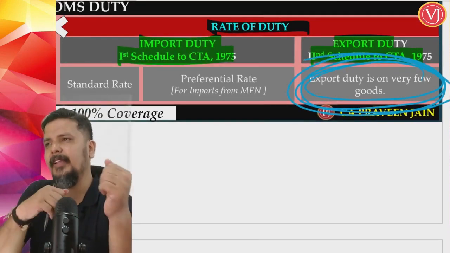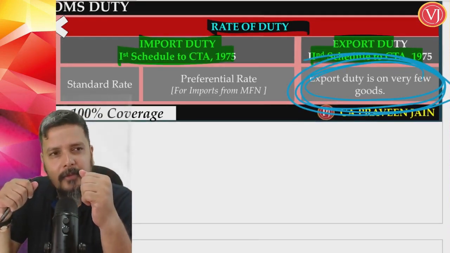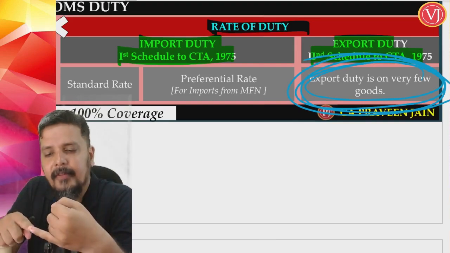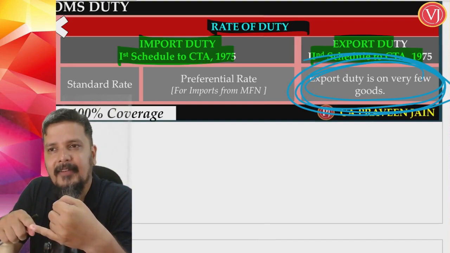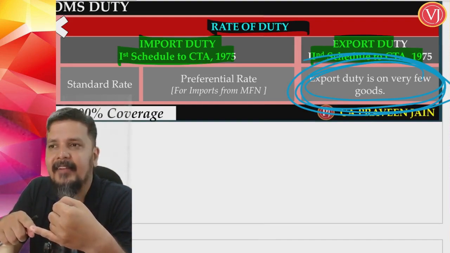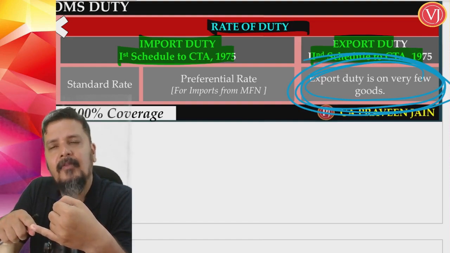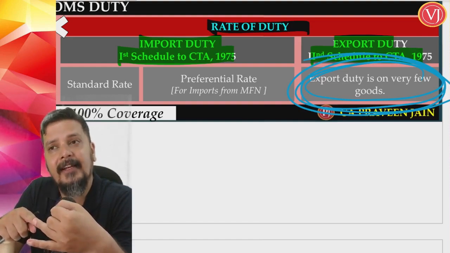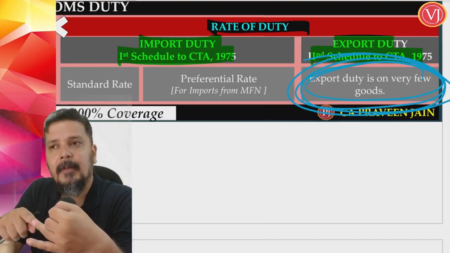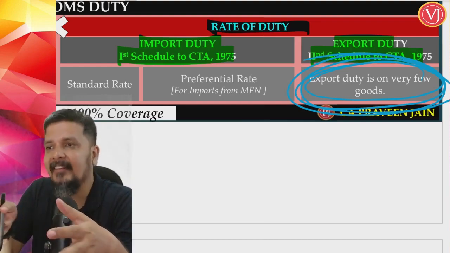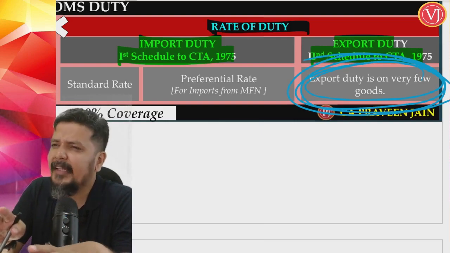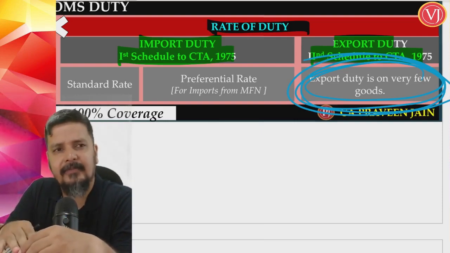When the government tries to impose export duty on goods, the main reason is that the item is very scarce in India, or for some reasons, maybe at the macroeconomic level, they want to create that demand. A very rare scenario.